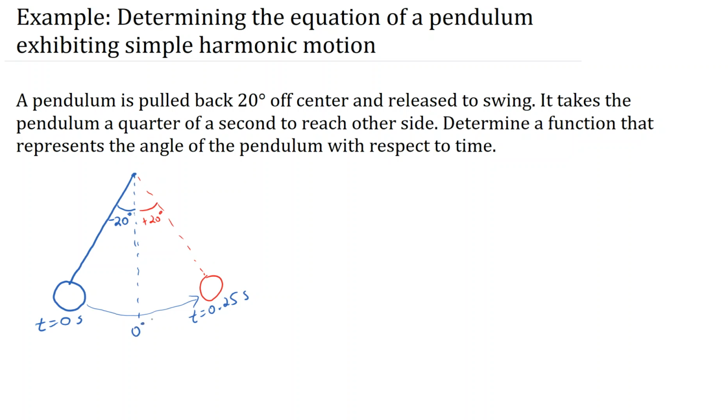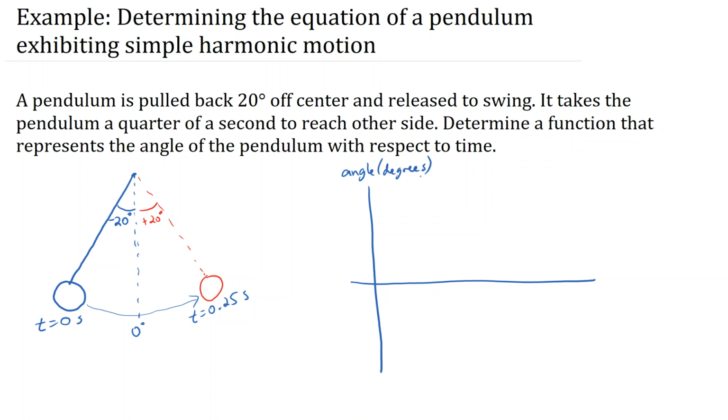So if we were to graph this motion, since we're wanting a function that represents the angle with respect to time, we would end up with a graph that looks maybe something like this. The vertical axis will be our angle axis, measured in degrees.